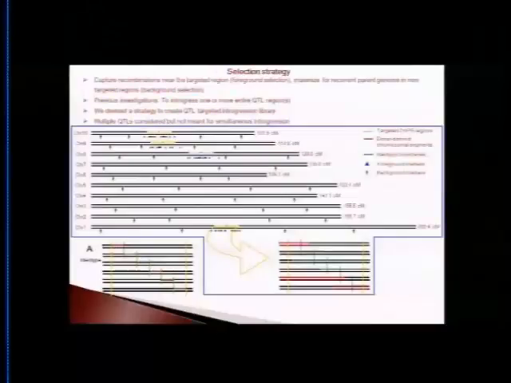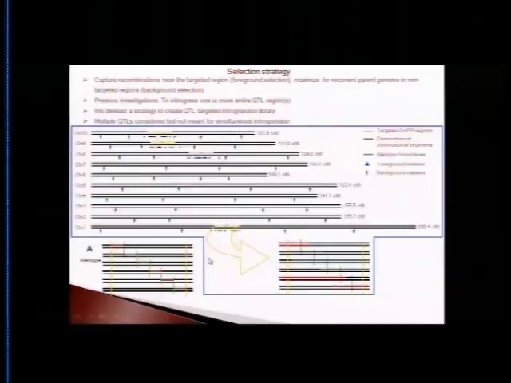The second level, where we had recurrent parent alleles in these 3 ZMPR regions, and the third level where the rest of the genome was scanned for maximum recurrent parent genome. So we used this selection strategy to identify independently for each of these regions the best individual, to come up with a set of individuals that were optimum.